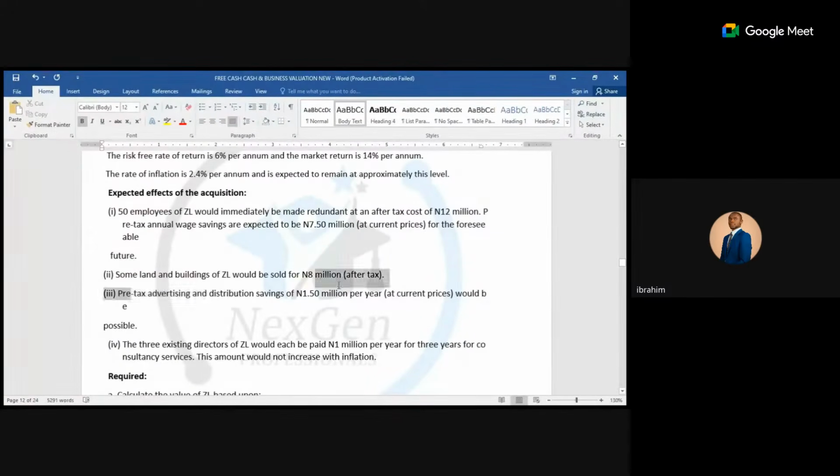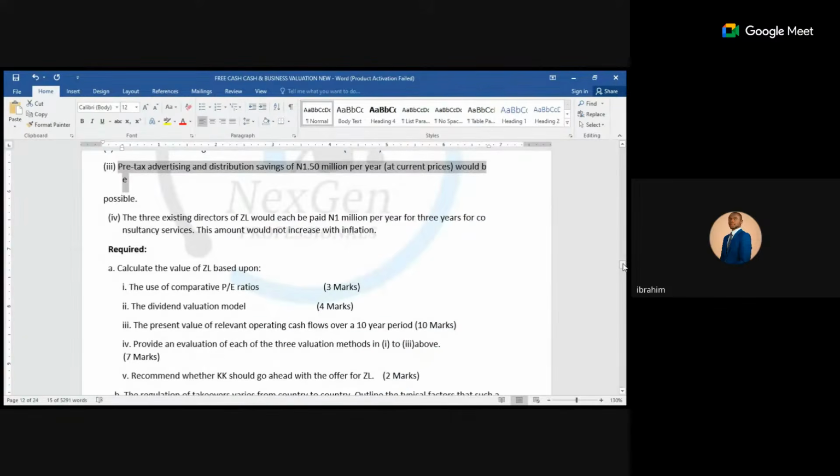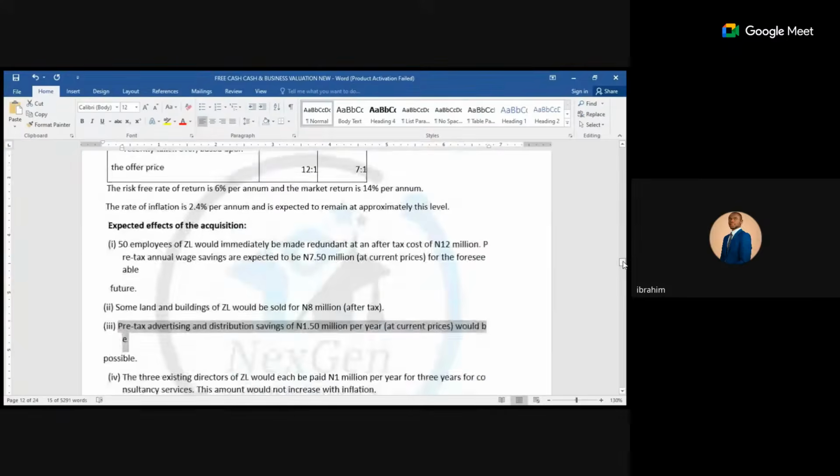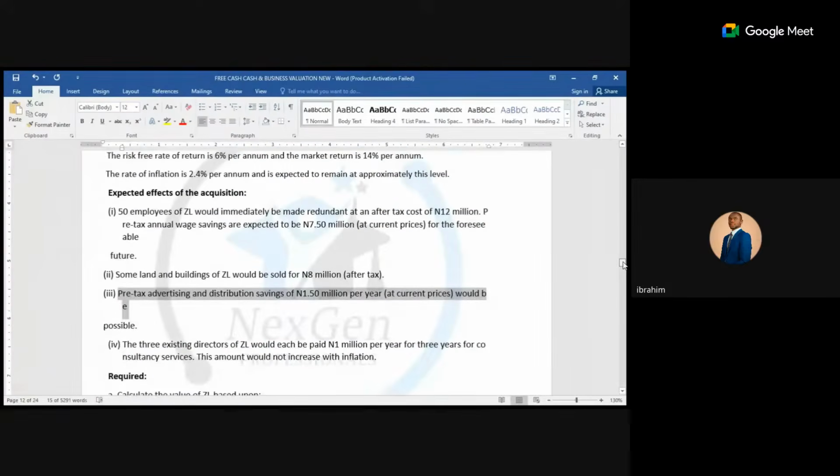Pre-tax advertising is also in current terms, which is advertising per year. Can you see? The advertising is per year.